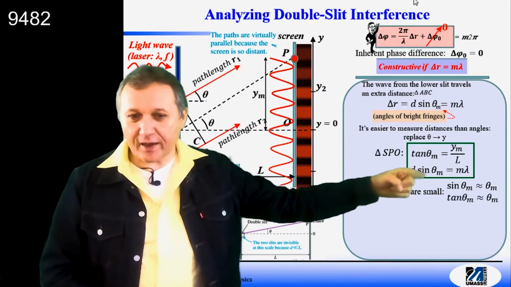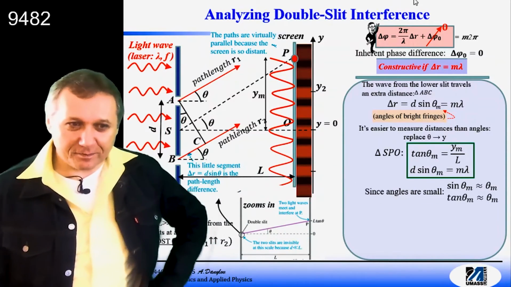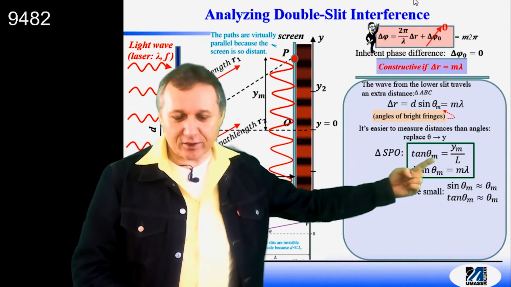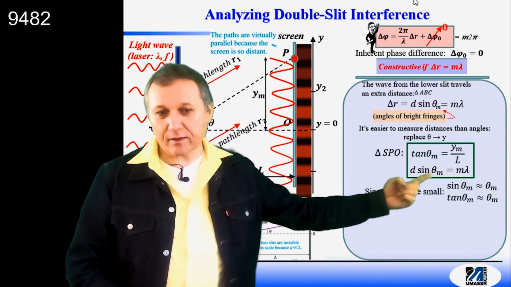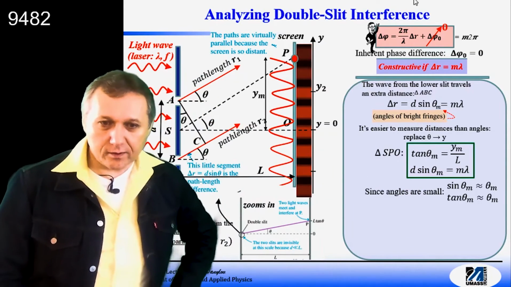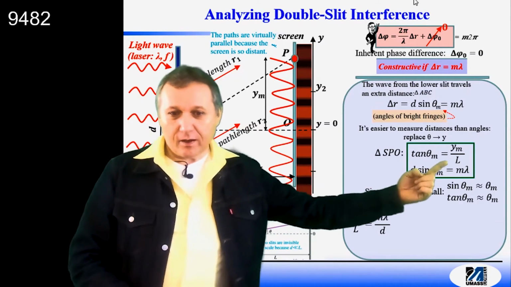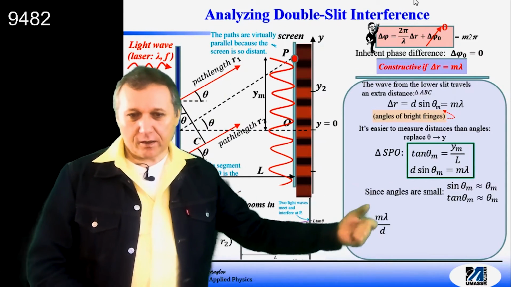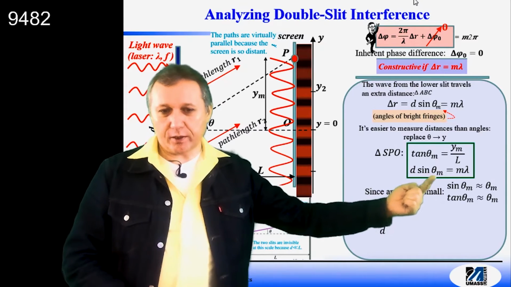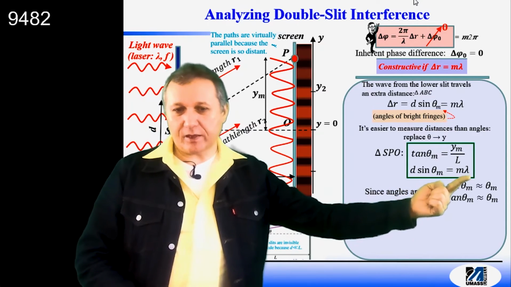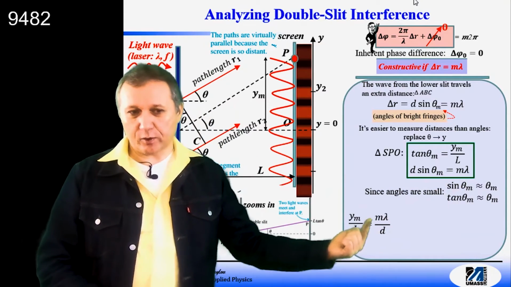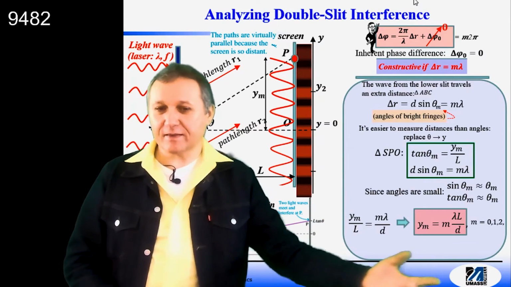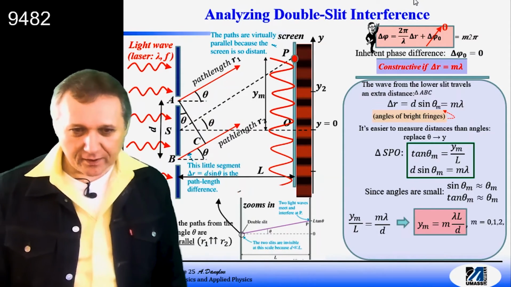And tangent of the angle equals the angle itself. So instead of tangent theta we can use theta, and instead of sine, again theta. Now theta equals ym over L. From the second equation, d goes downstairs, theta equals m lambda over d. Equate them, solve for ym, and that's our final formula, finally.